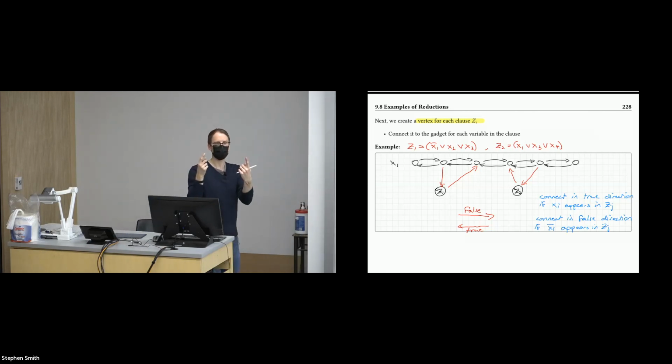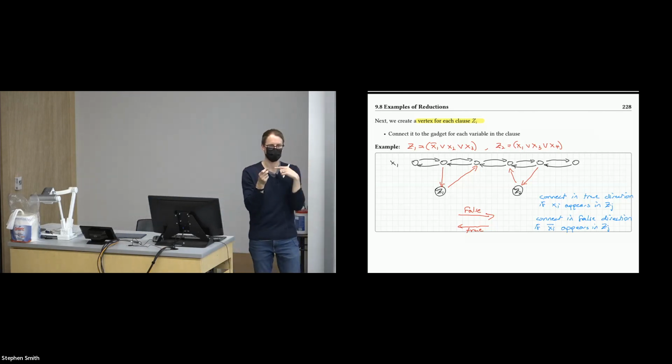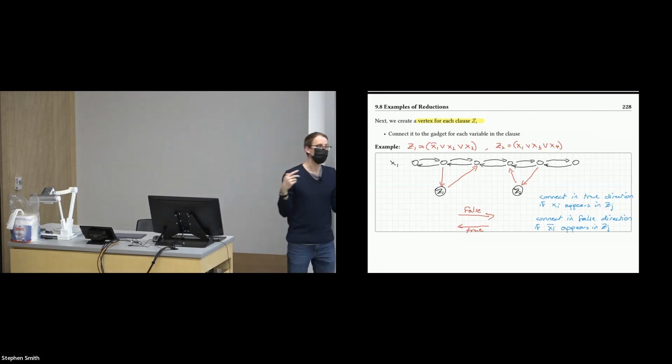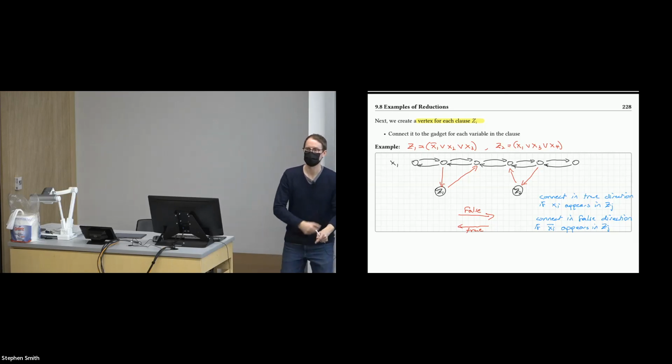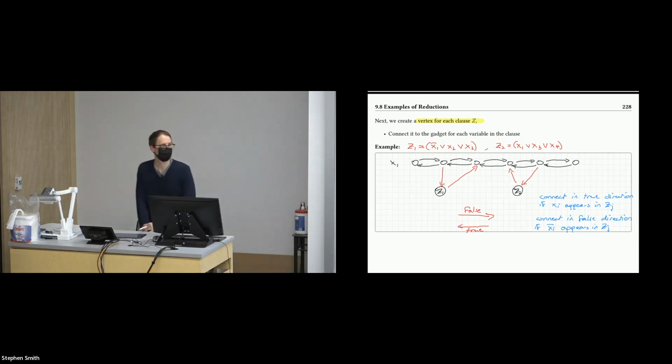And notice, a variable can never appear twice in a clause. It can't appear both positive and negative. If it appeared both positive and negative, then no matter what you assign to that variable, you would satisfy the clause, right? And so we don't even need that clause. It's like a trivial clause. So you can just remove it from your problem.